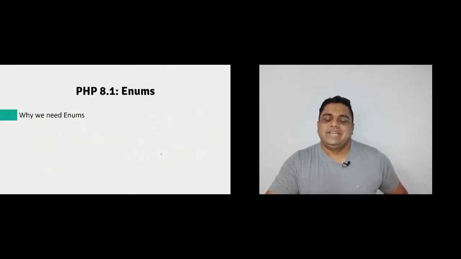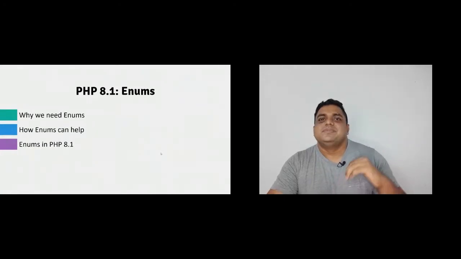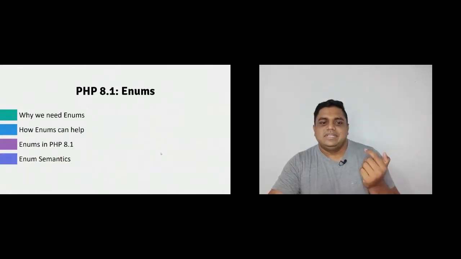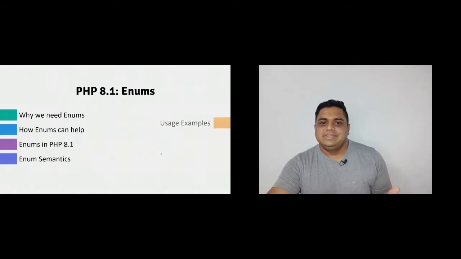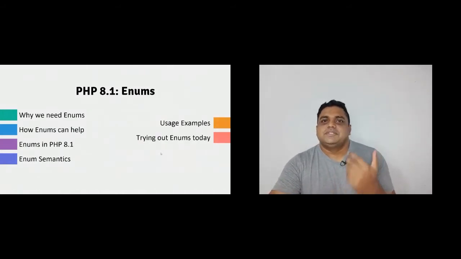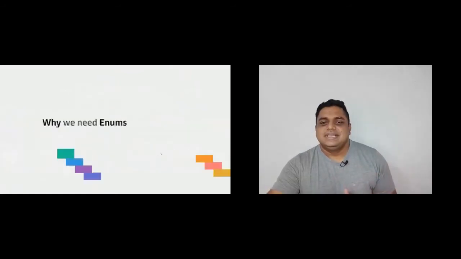First, we take a look at why we need enums, and how using them can improve things. Then we take a look at how enums are implemented in PHP 8.1, and some of the semantics and rules that we have for enums. In the last section, we will take a look at some usage examples, how you can try enums today, and how it works out with all the PHP versions.